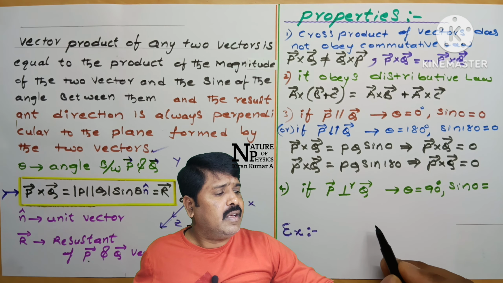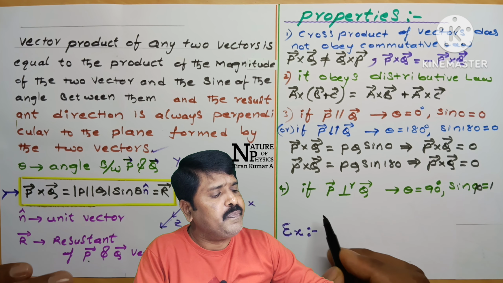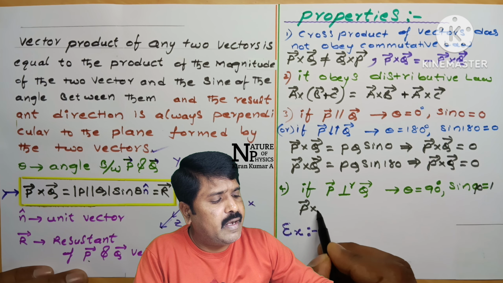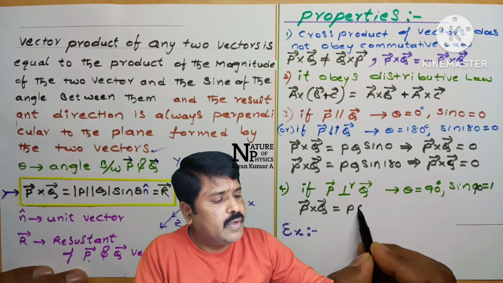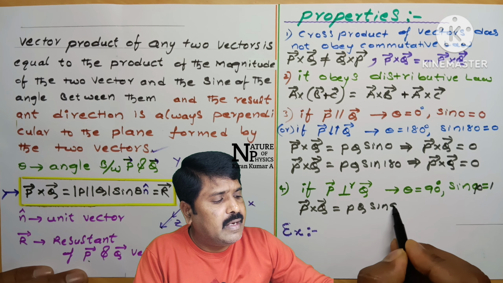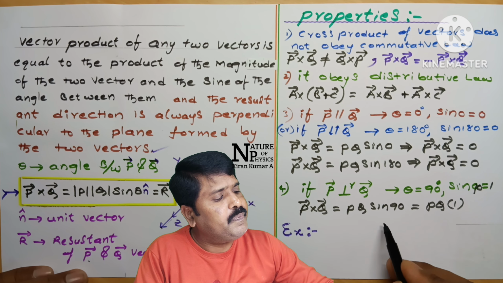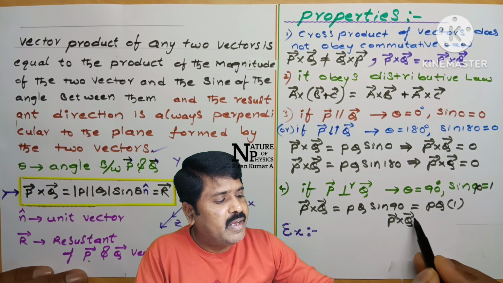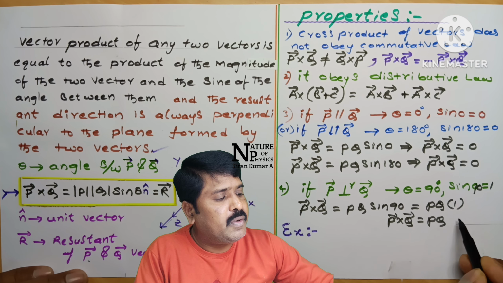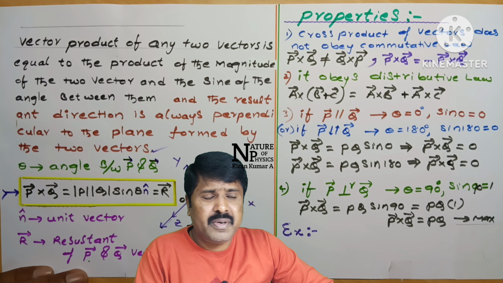Here sine 90 is equal to 1. So P bar cross Q bar is equal to PQ into sine 90, and sine 90 is equal to 1. So I am getting P bar cross Q bar equal to PQ. This is the maximum.